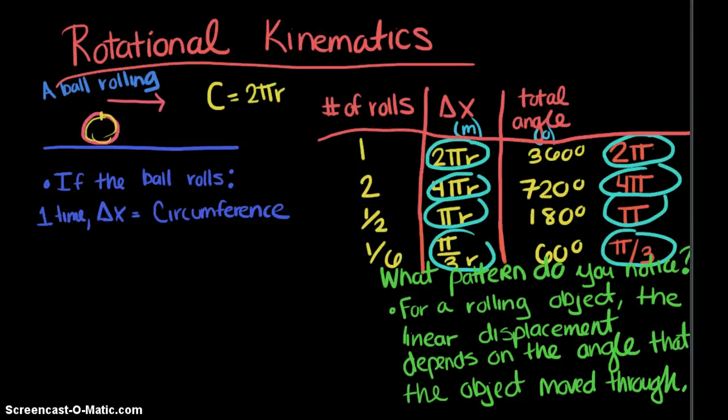So we can express this pattern in terms of a math model here. When we look at all the data we've collected, we find that our delta x is equal to the radius times theta. But it's important to note exactly what these are. This delta x is our linear displacement.